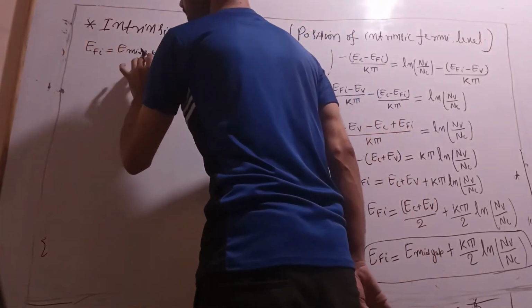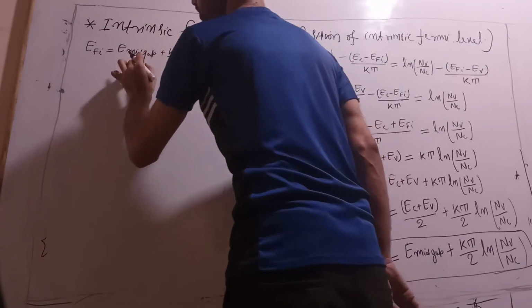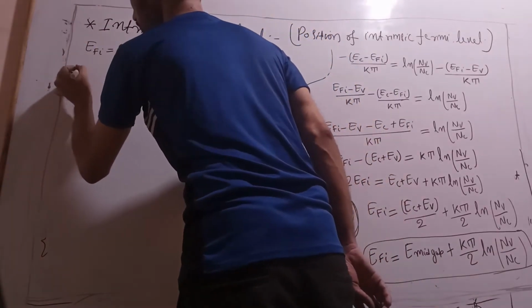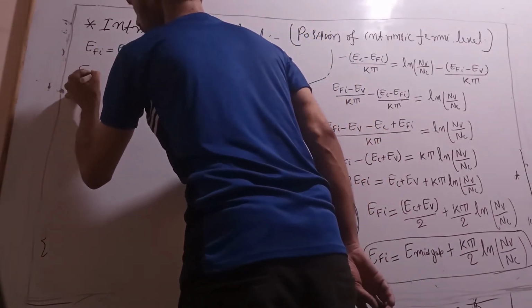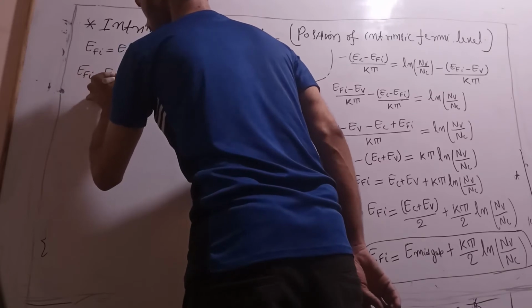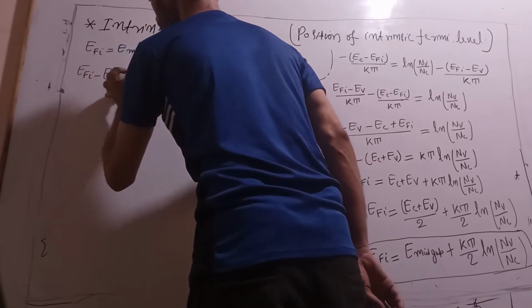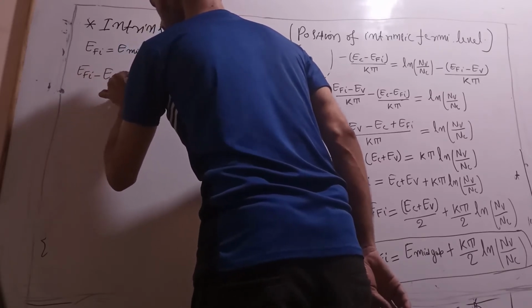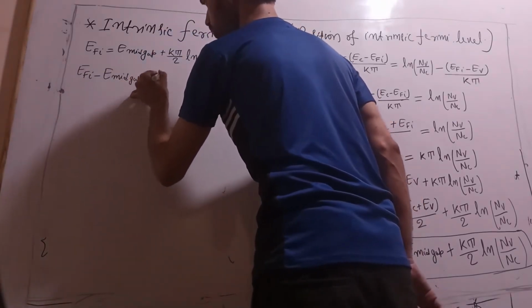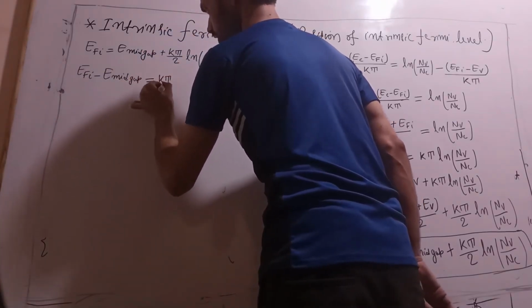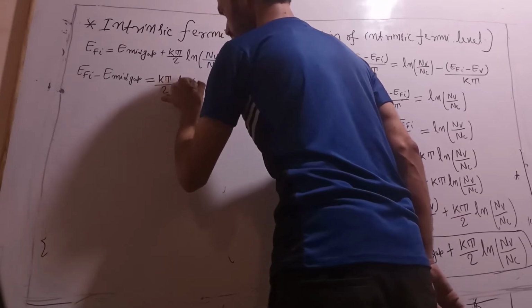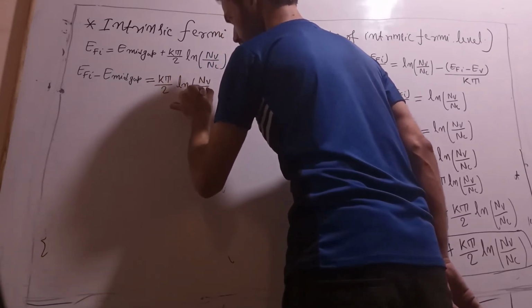Now see, let us take this E mid gap to this side. What we will get? Efi minus E mid gap is equal to kT by 2 ln Nv by Nc.